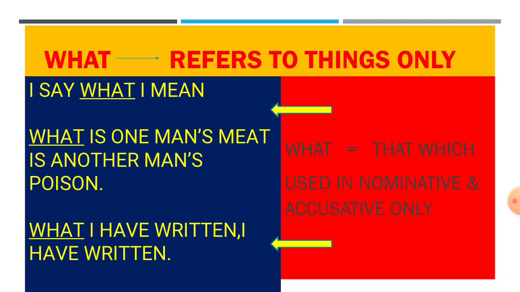Now another thing that has been given in your book is that in Old English, the word as was also used as a relative pronoun after such. His answer was such as I expected him to give.